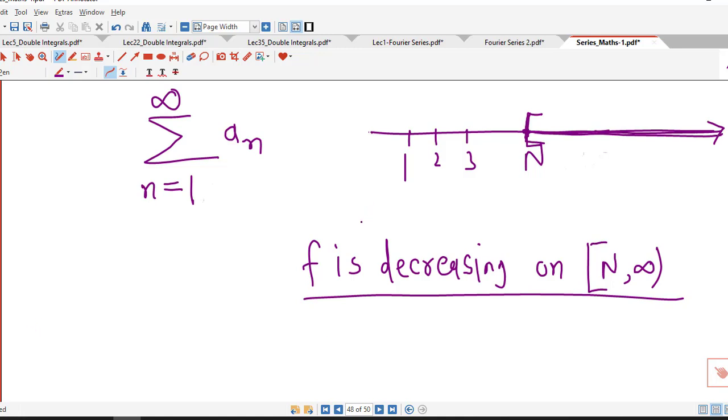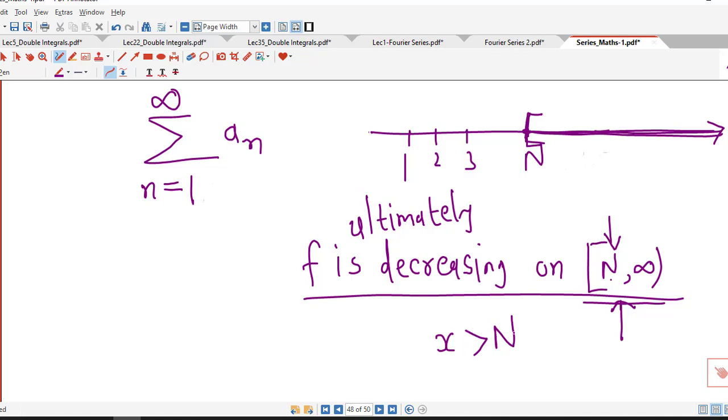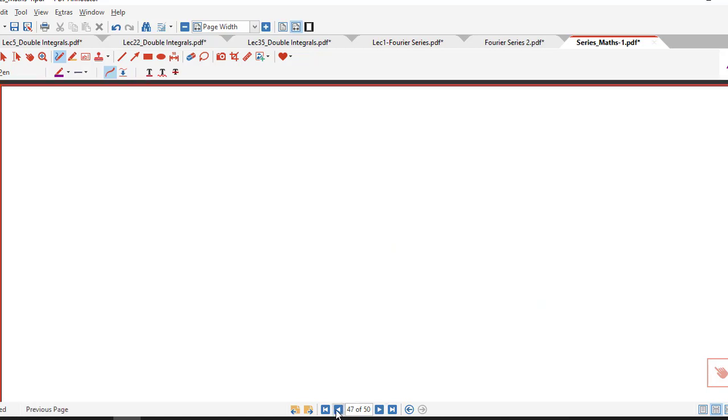So what we require is that our function is ultimately decreasing. There must be some natural number capital N such that our function is decreasing on the interval for which x is greater than capital N. So for larger n, our function must be decreasing. We will remember all these conditions to apply the integral test.